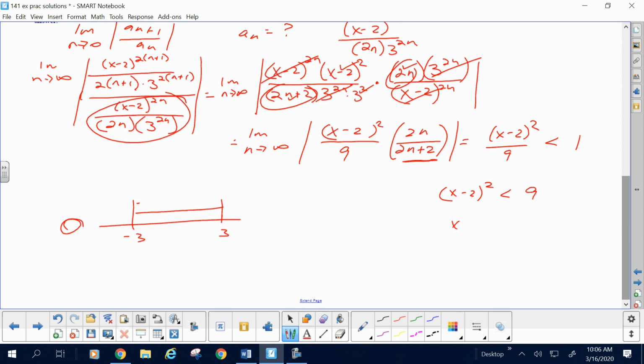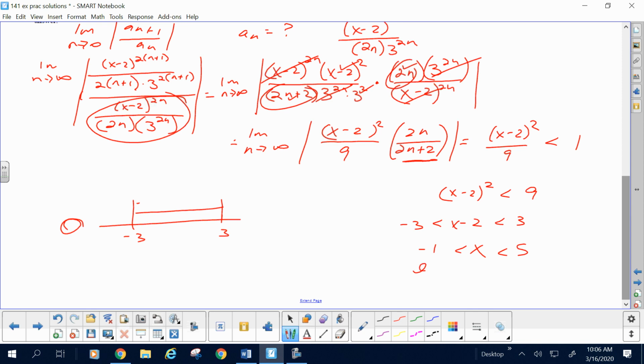So x minus 2 squared less than 9 implies x minus 2 has to be between 3 and negative 3. And so if I then move the 2 over, then I get negative 1 and 5, and that is the body of the interval of convergence.